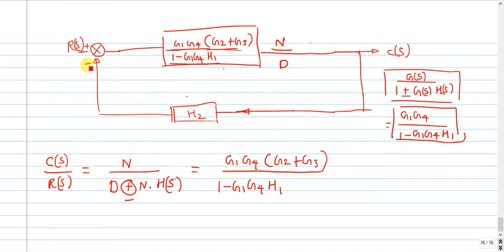Here we have a negative sign, so it will become positive, and again the numerator is G1 G4 multiplied by G2 plus G3, and H of S is H2. This is one simple form where you can directly substitute.